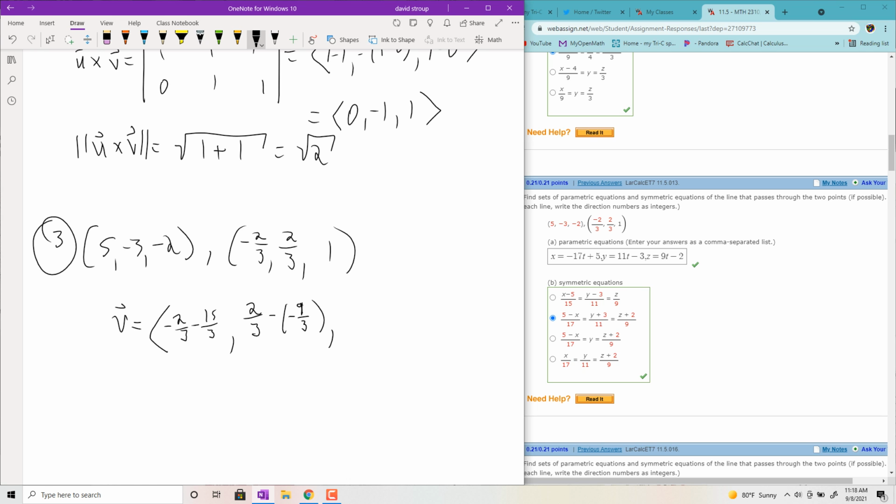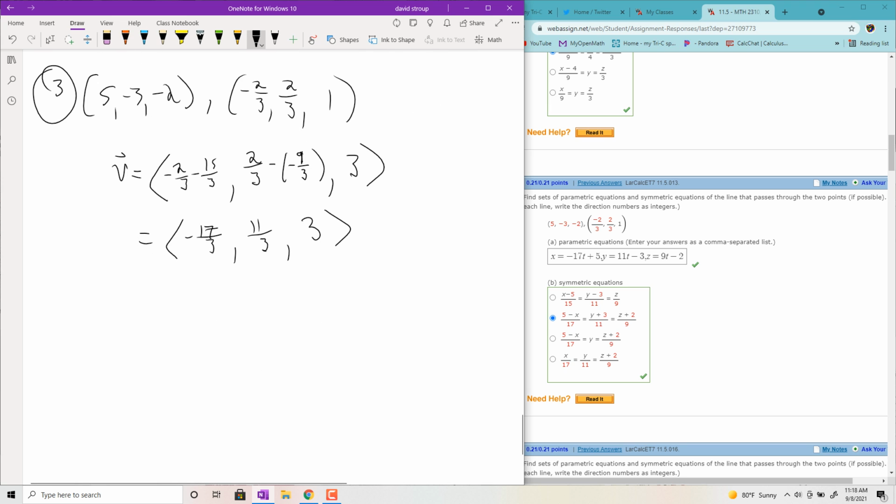And then I have 1 minus negative 2, so 1 plus 2 is 3. This will equal negative 17/3, 11/3, and then 3. Because this is only direction, we only need the direction information from this vector. You can resize it by multiplying by 3. So 3v will give us something easier to stomach.